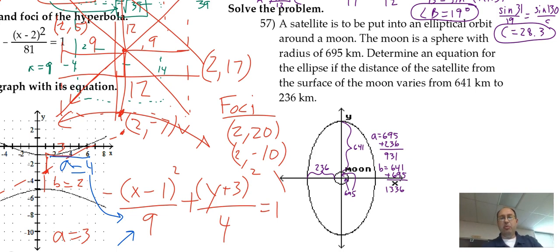The satellite is to be put into an elliptical orbit around the moon. The moon is a sphere with radius 695. This picture doesn't do this whole problem justice because the 695 looks smaller than the 641 and the 236. So the satellite that goes around the surface of the moon varies.